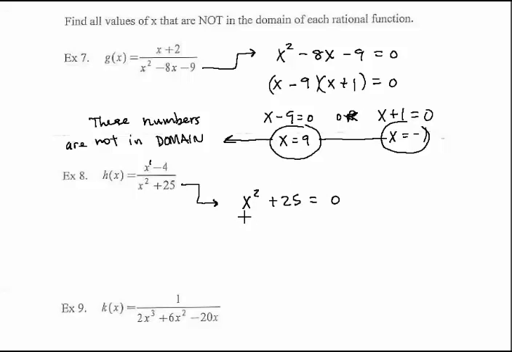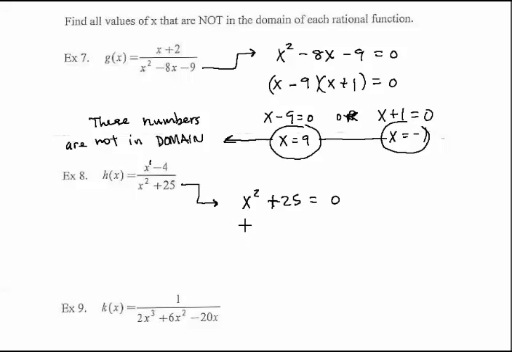Now, we have a quadratic equation, but if you look closely at this and you're careful, you'll notice that yes, x squared is a square, 25 is a perfect square, but in the middle we have an addition sign. We can't factor this. There is no solution such that we put a number in for x, square it, add the 25, and it equals 0.